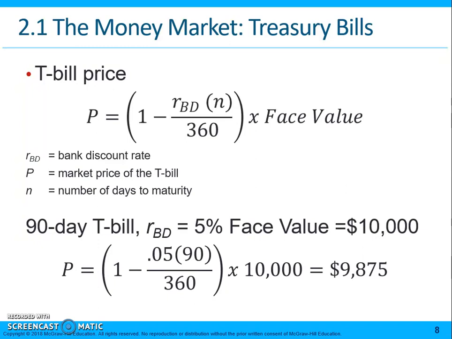So the price is 1 minus 0.05 times 90 divided by 360, multiplied by the face value of $10,000, and we get $9,875 for the value of that T-bill.